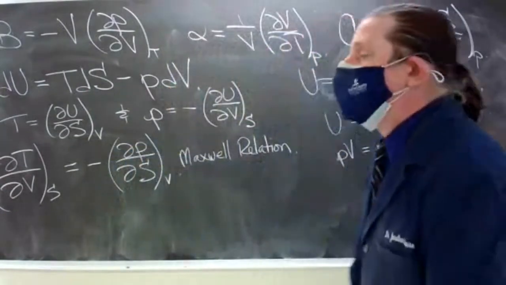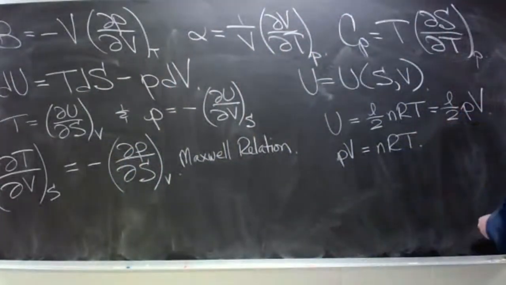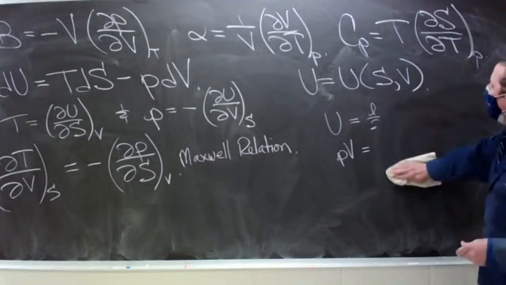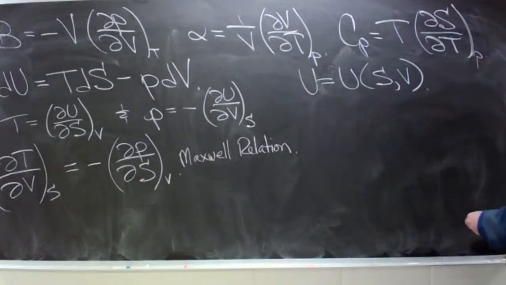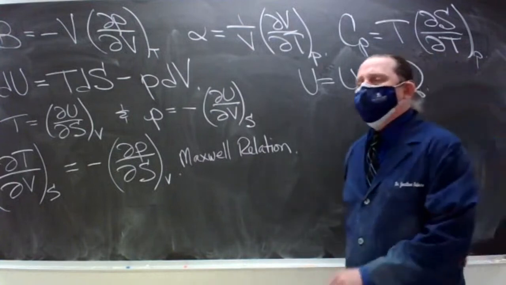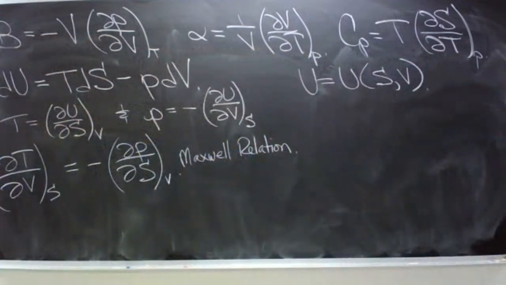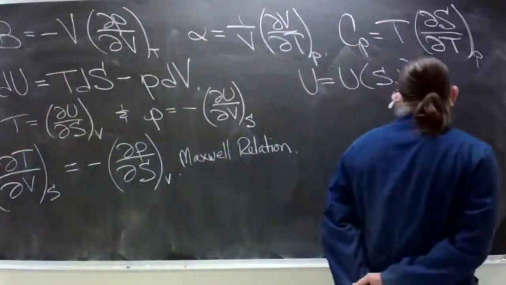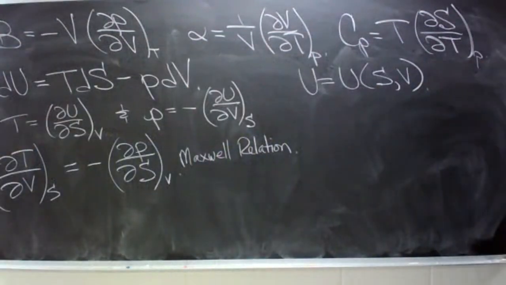So why am I saying all this? Well, we can ask, how can we switch out one of these variables? Rather than having something that's naturally a function of the entropy and the volume, could I maybe have something which is naturally a function of the entropy and the pressure?